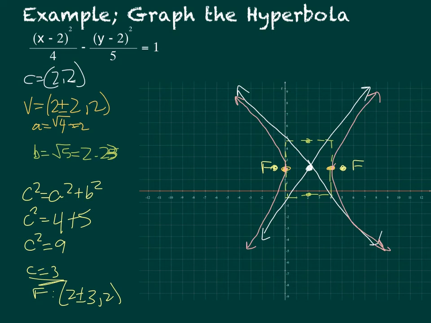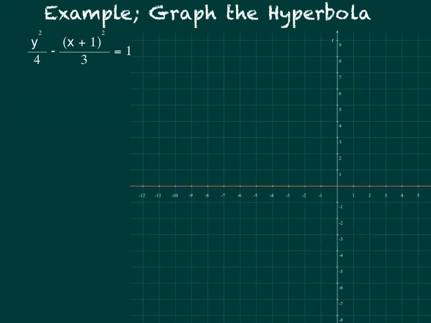And that's your graph. This next example, we have y squared over 4 minus x plus 1 quantity squared over 3 equals 1. So in this case, our center, let's mark that first, is negative 1 comma 0. So I'll mark that.